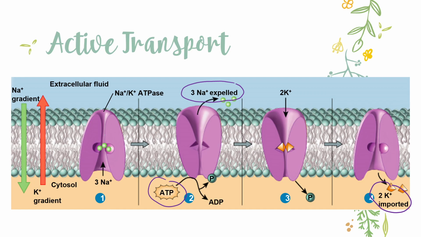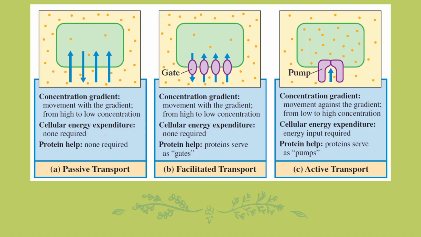Again, it does require energy because we are trying to force the entry or exit of ions because we are going against our normal concentration gradient. So this is already a summary between your passive and active. Ito po na letter A, this is referring to your simple passive transport.